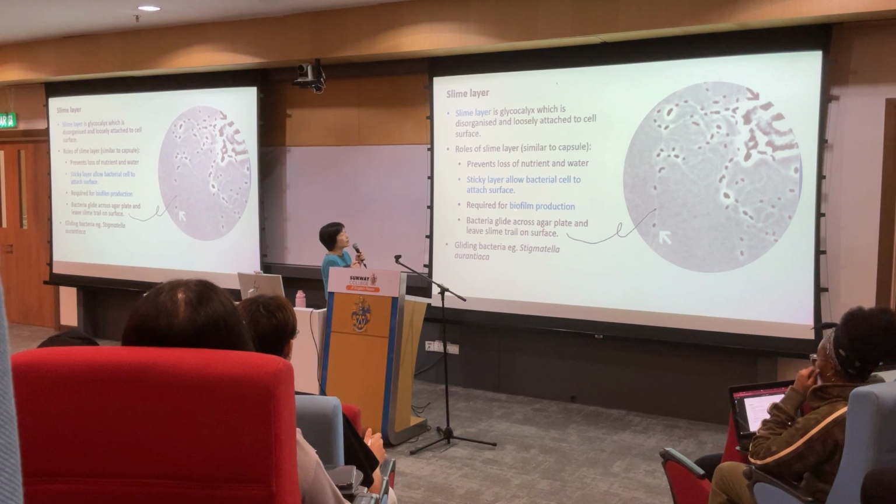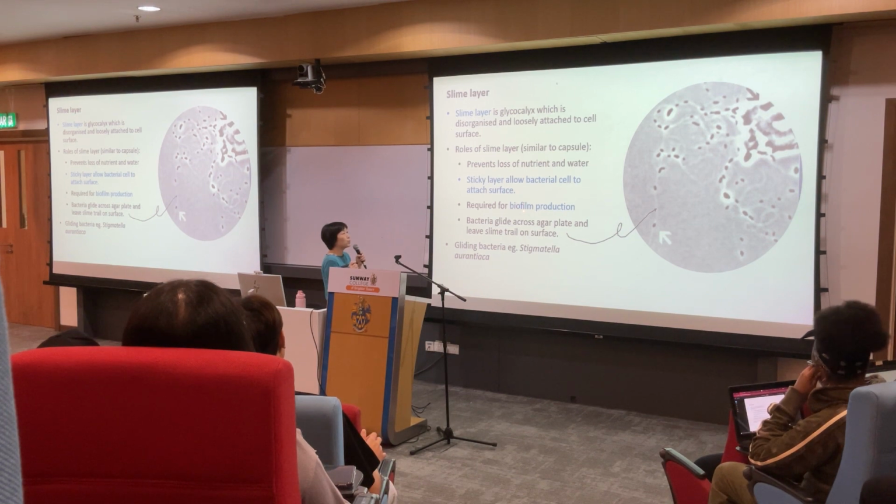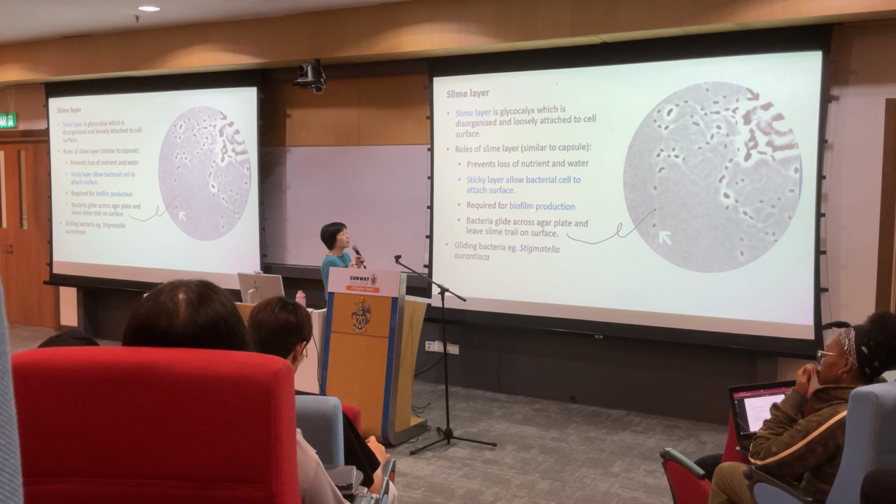And also biofilm production. We are not going into the biofilm now, but later on, I don't know which chapter, we're going to talk about that. This is a very important structure created by a population of bacteria, called a biofilm. And this is very virulent.